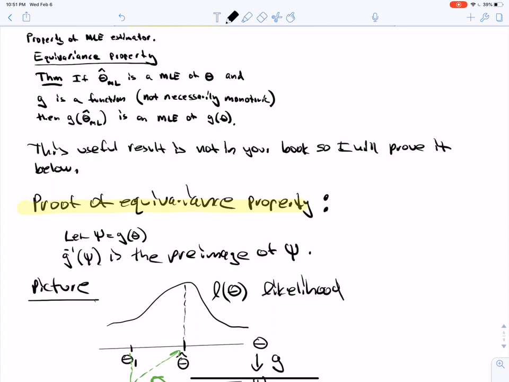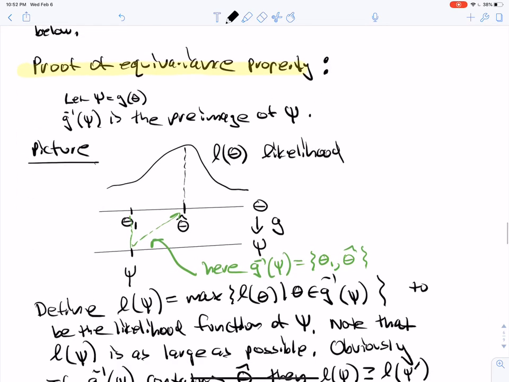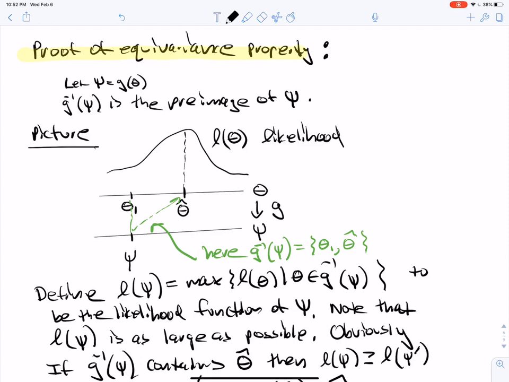That's so easy. If you know an ML estimate of theta, and you take any function of theta, you don't have to go and recompute the ML estimate of that function of theta. It'll just be the function of the ML estimate. How easy is that? So the proof of this is really quite simple.